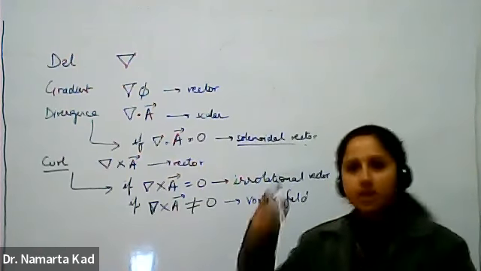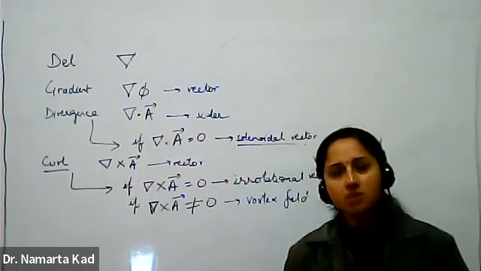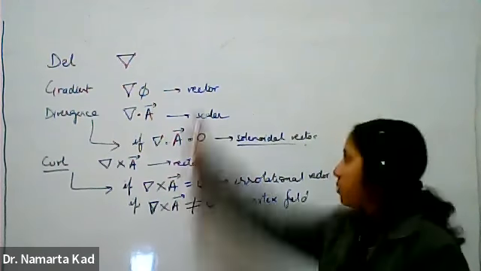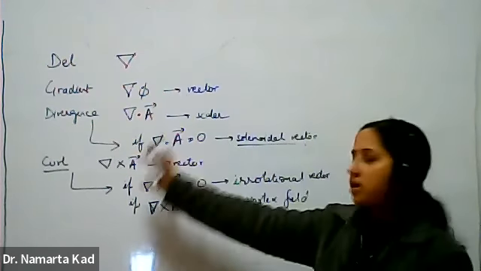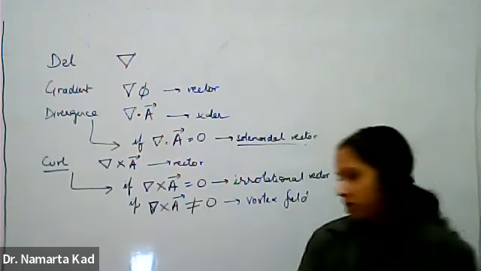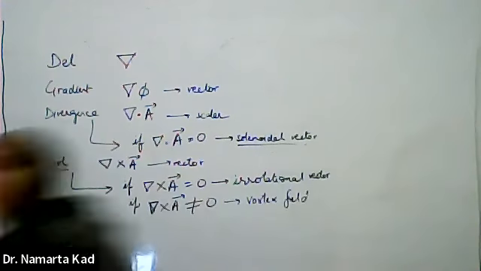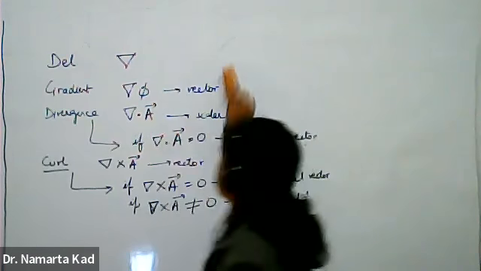In today's lecture, we have to cover some identities based upon del, gradient, divergence, and curl. So we have to do 2 identities.